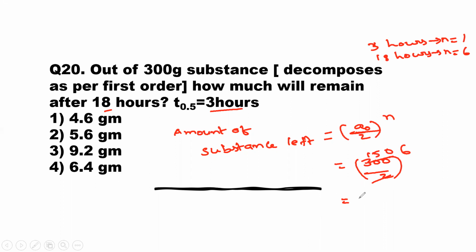Sorry, it is 1 by n, so 1 by 6. 150 whole to the power of 1 by 6. So it becomes approximately 5.6 grams. I hope it is clear.